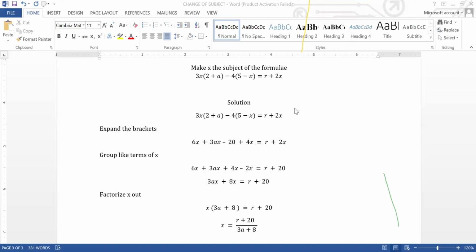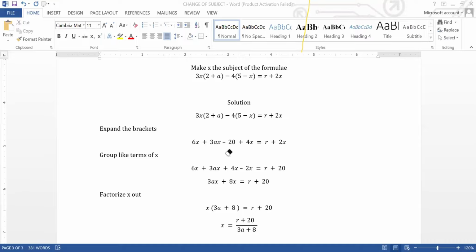So firstly, the 3x will multiply everything in the first bracket, which is 2 plus a. So the 3x comes and multiplies the 2 to give you 6x. And then the 3x multiplies the a to give you 3ax.